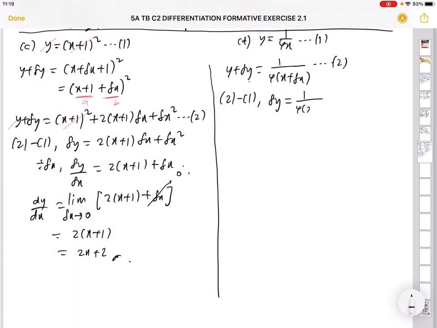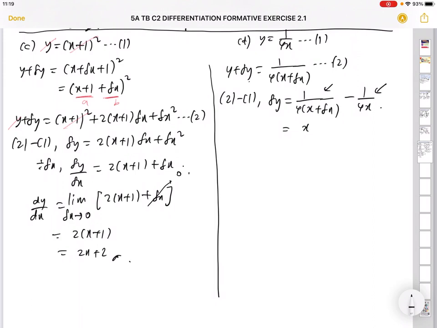To do subtraction, we know that they must have the same denominator, right? So on this term here, I need to multiply top and bottom by x. I don't have x. And on the term on the right, I don't have x plus delta x, because your common denominator should be 4x(x plus delta x).